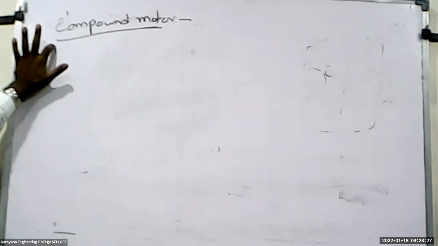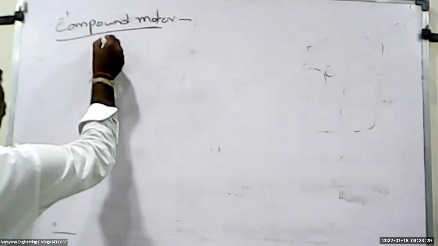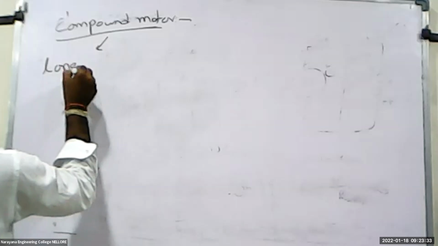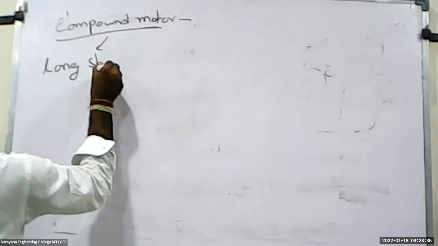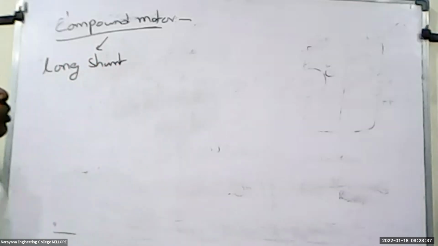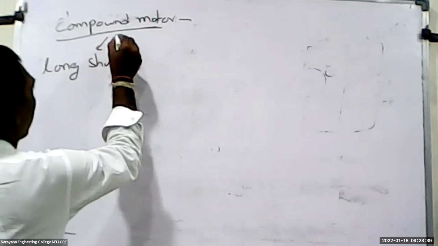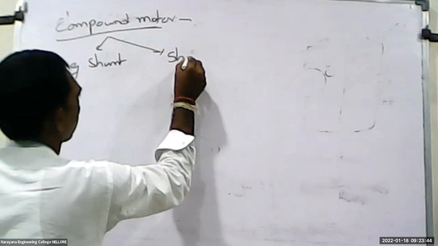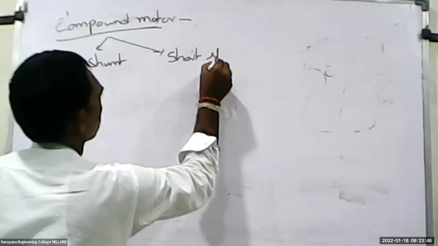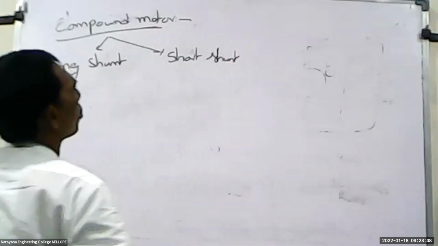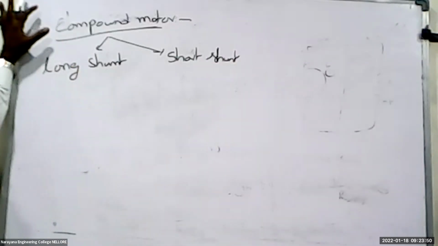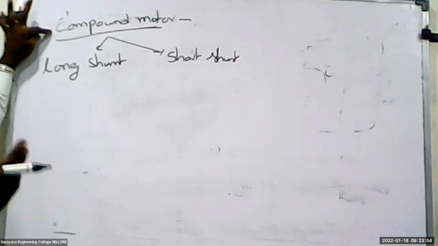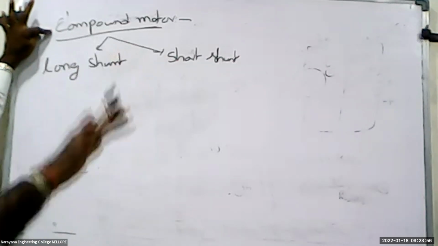The compound motors are divided into 2 types. First one is long shunt compound motor, and second one is short shunt compound motor. So a compound motor means nothing but a combination of series and shunt.